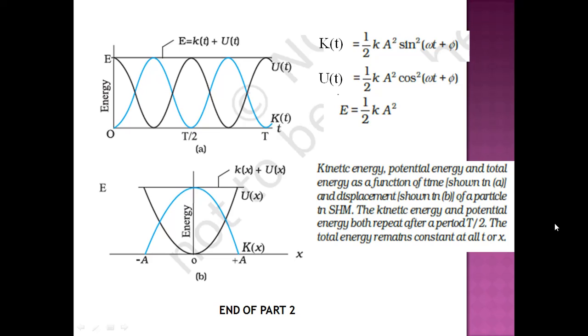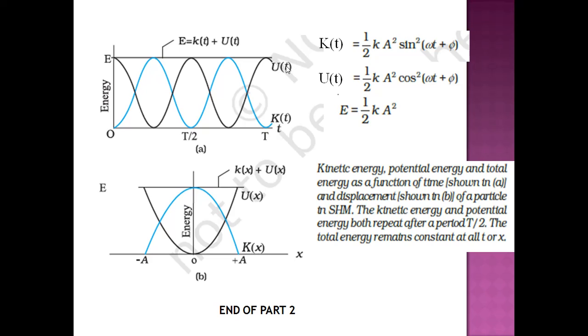If you represent energy graphically, the first graph shows kinetic energy, potential energy and total energy as a function of time. Here we have in the first graph energy. The blue line represents kinetic energy as a function of time given by the equation half Ka squared sin squared omega t plus phi.